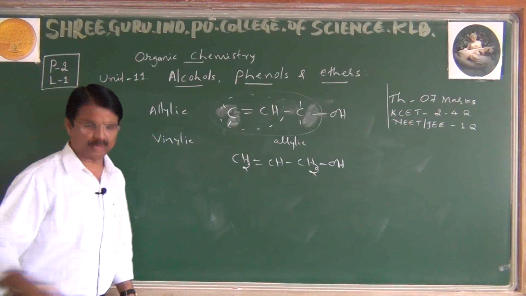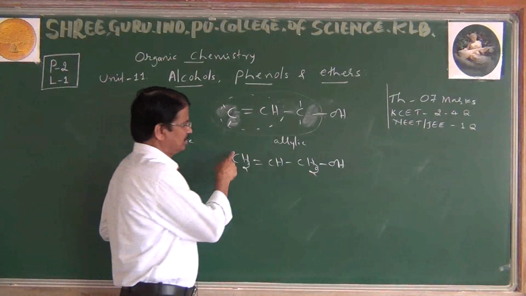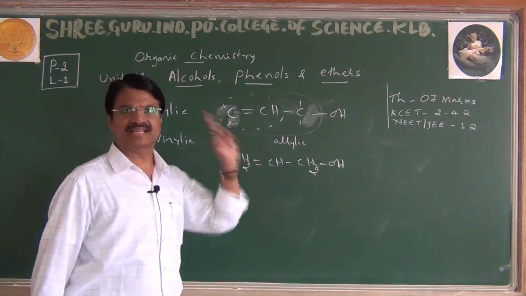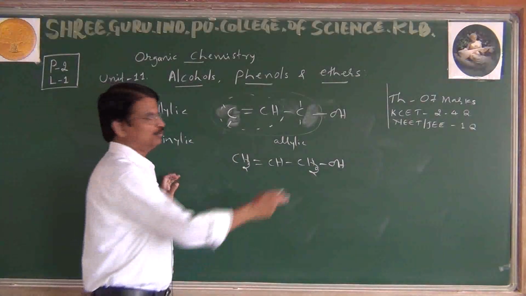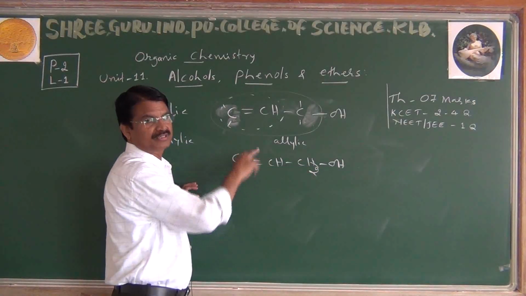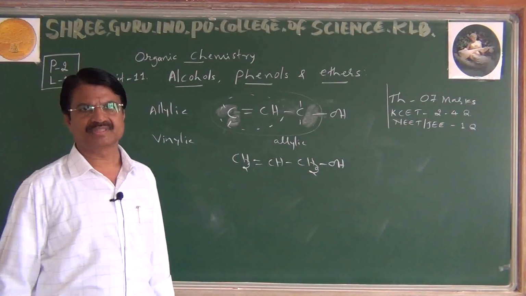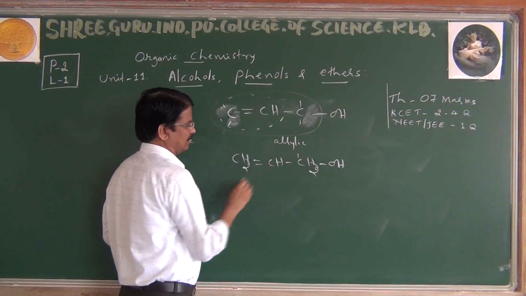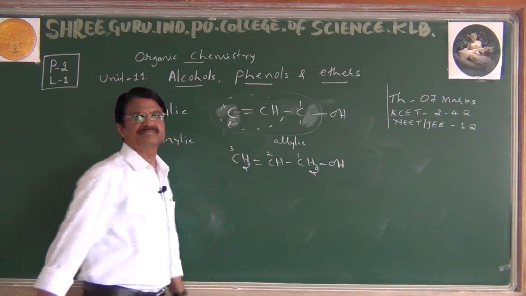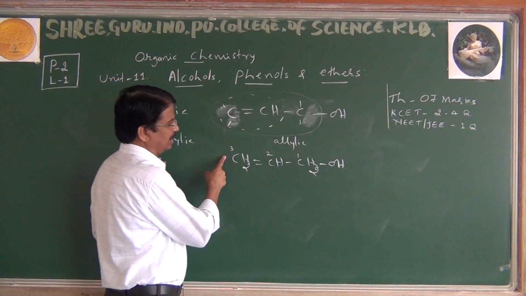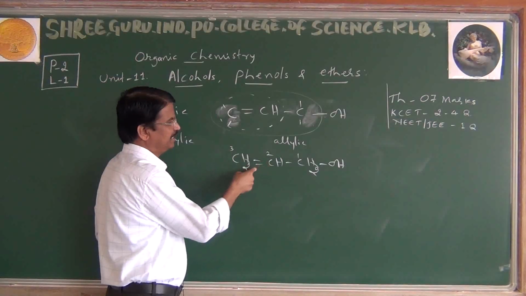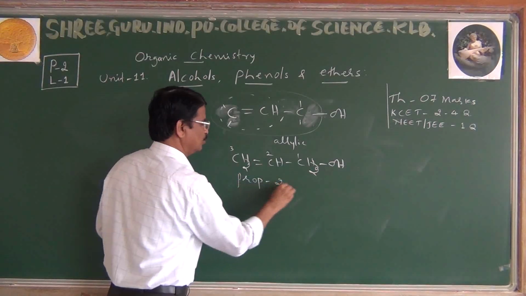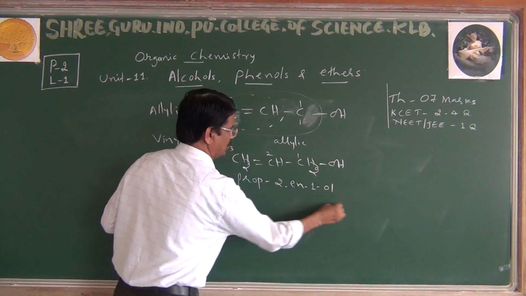Example: CH2 double bond CH, CH2OH. In alkenes, numbering is from the double bond, 1, 2, 3, chloroprop-1-ene, I told. But now importance is given to OH, not to the double bond, because in functional group priorities we know how to write the name with the numbering. OHC 1, 2, 3. Now it is named as prop-2-en-1-ol.